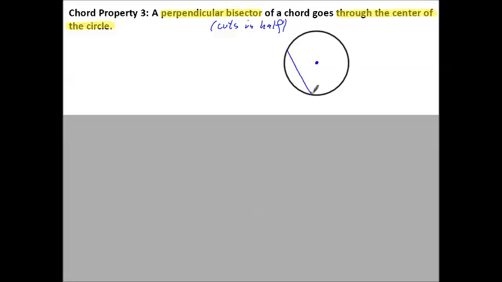A bisector of that chord would have to go through the midpoint, and then cut the chord into two congruent pieces. And if that bisector actually also happens to be perpendicular, in other words, creating a right angle, then that bisector must go through the center of our circle. There is no other way.